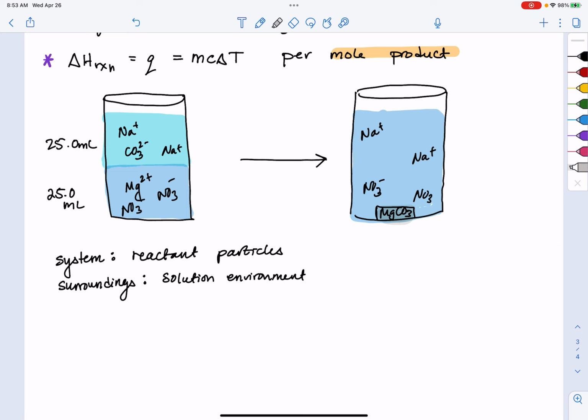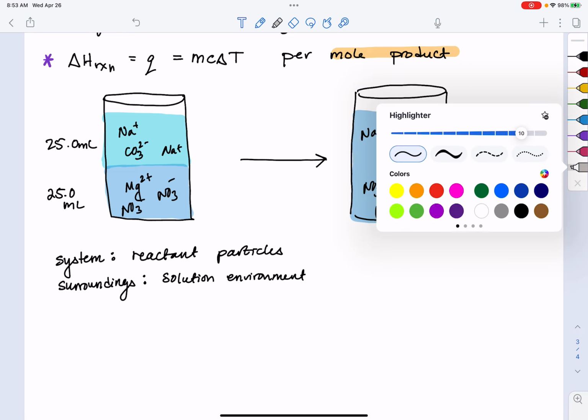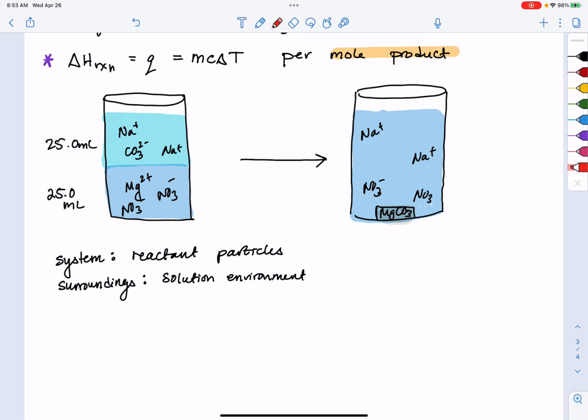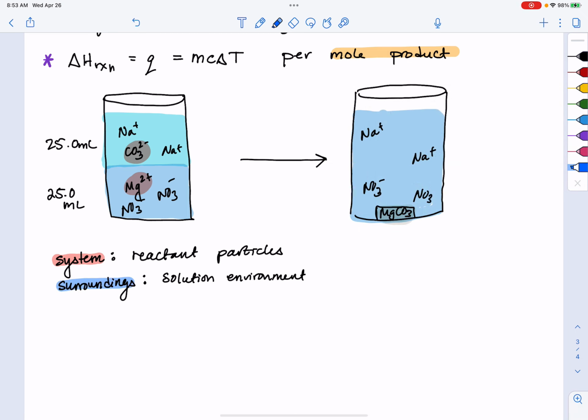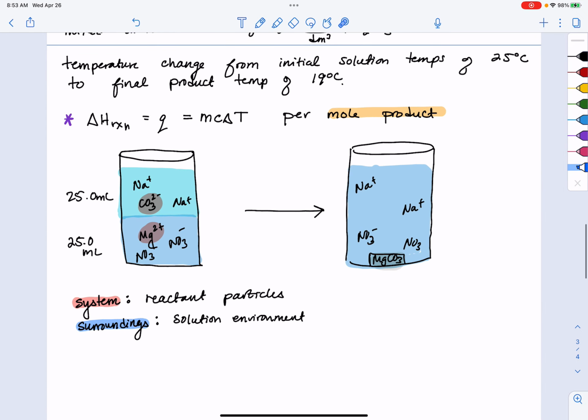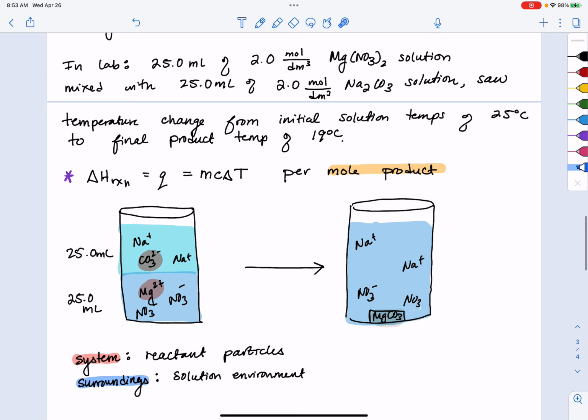To be a little more explicit, our system, the reactant particles, are the reactants involved in the actual formation of our product. This would be the magnesium and the carbonate, meaning that the surroundings is going to be the solution around those particles that are coming together, and that solution is the thing whose temperature we are monitoring when we are undergoing our calorimetry.